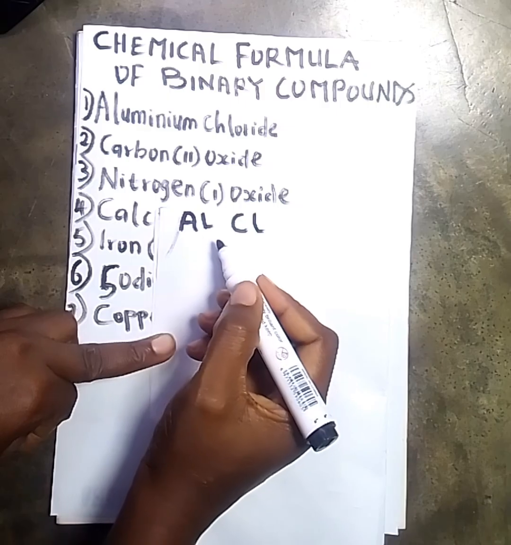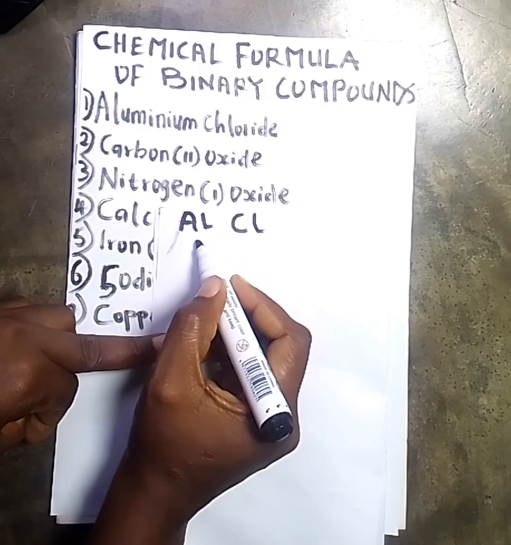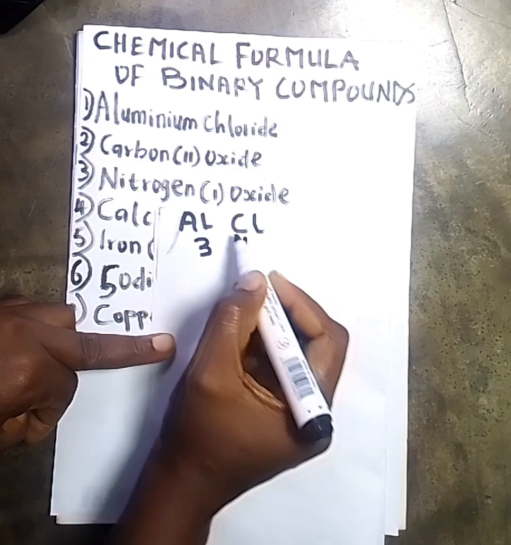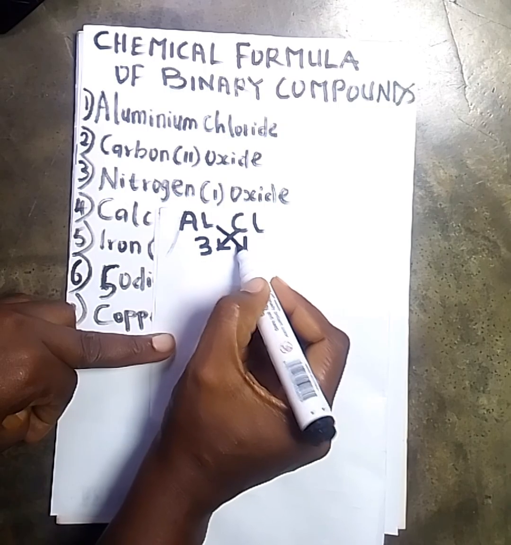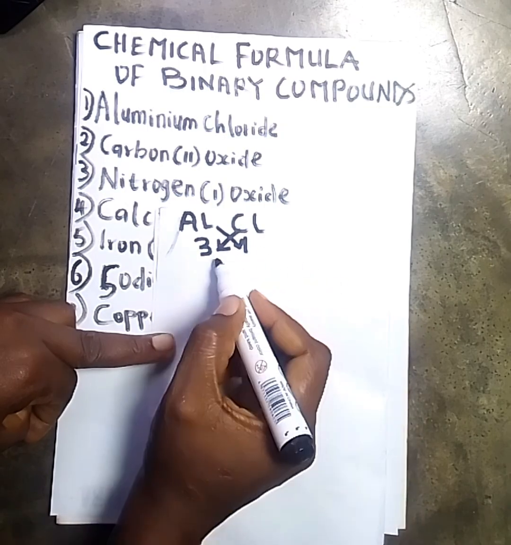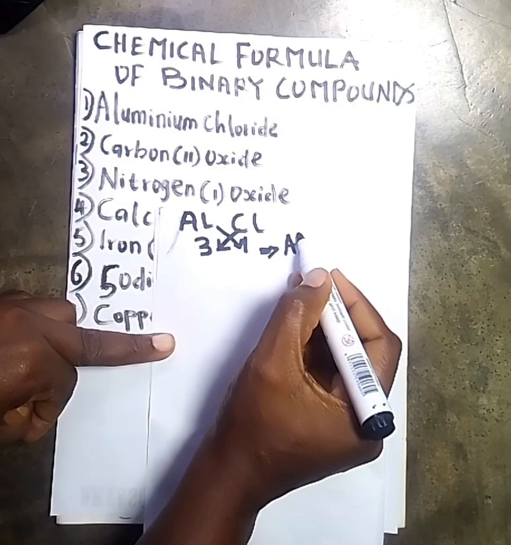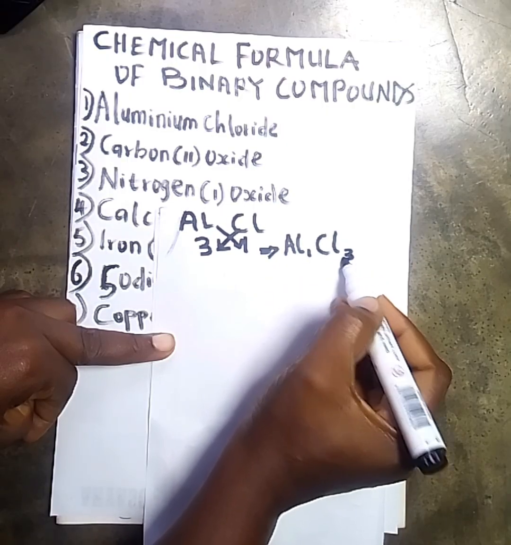Okay, so what is the valency or the oxidation number of aluminium? Aluminium is 3 and that of chlorine is 1. So when there is exchange of valency, this becomes aluminium 1, chlorine 3.